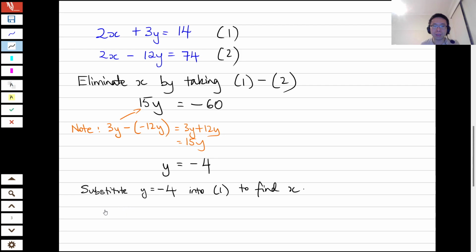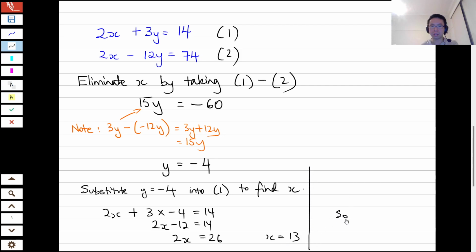So now I'm going to have 2x plus 3 times negative 4 equals 14. 2x minus 12 equals 14. 2x equals 26. And that tells me x equals 13. And so the solution is x equals 13, y equals negative 4.